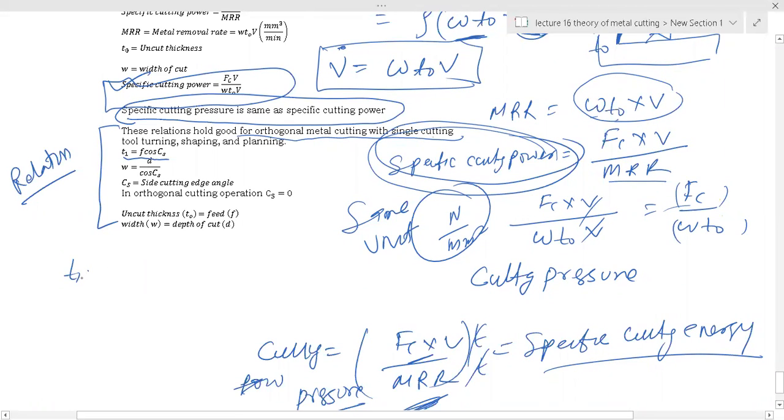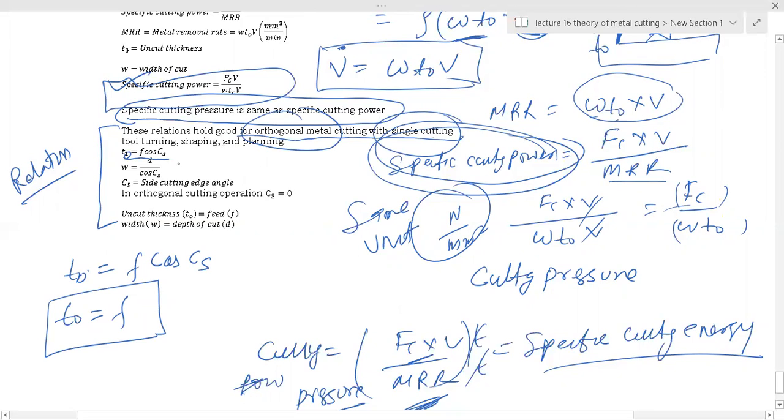Here T naught is equal to f cos Cs, where Cs is equal to 0, which means uncut chip thickness will be equal to feed. You can use this relation for orthogonal metal cutting and a single cutting tool.